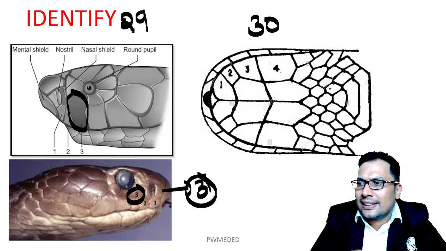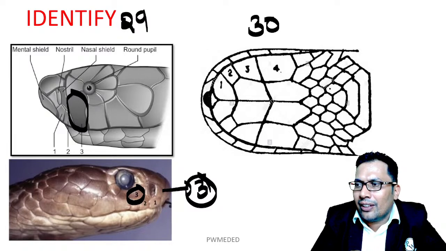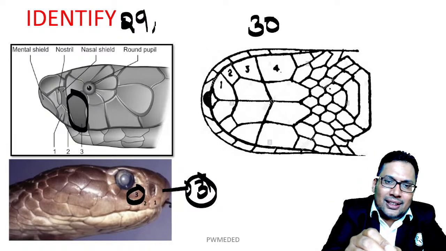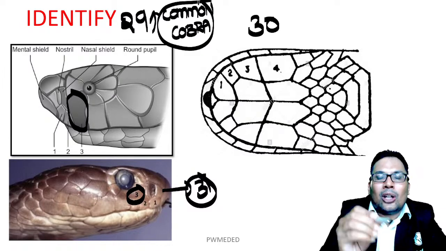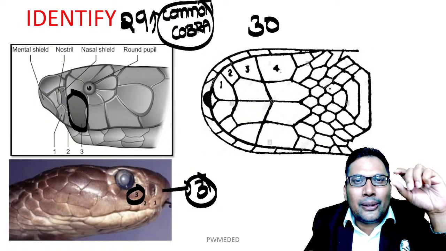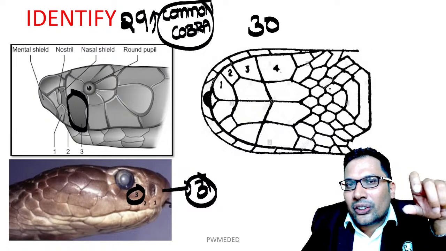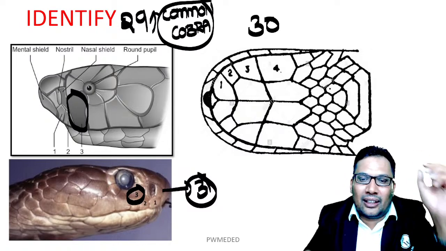So what is this snake? Very good, this is the common cobra. It was asked in one of the exams. In common cobra, the third supralabial touches both the eye and the nostril. That is a very important finding.